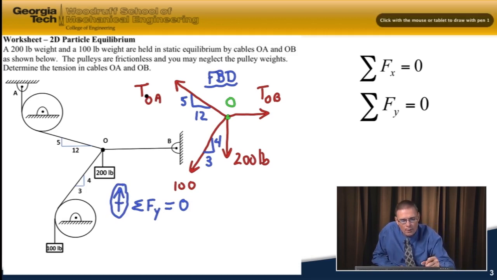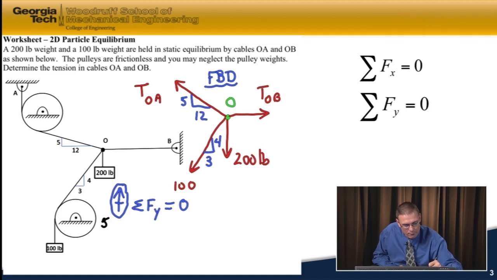And so, first of all, I have a tension in cable OA. I have the y component is the 5 side of the 5, 12, 13 triangle. And so, by similar triangles, that's going to be plus 5/13 TOA, and it's positive because it's pulling up. TOB does not have a y component.